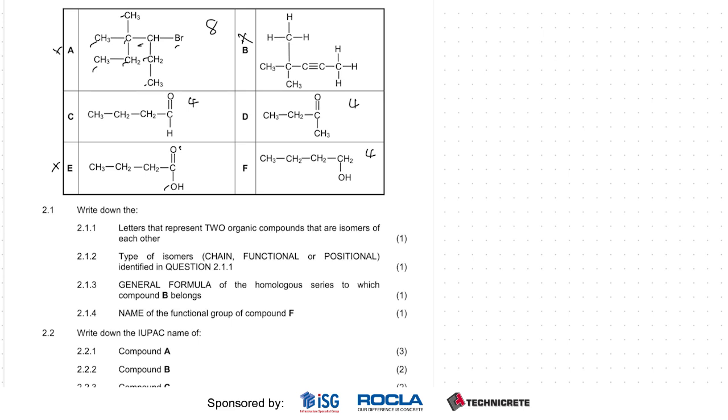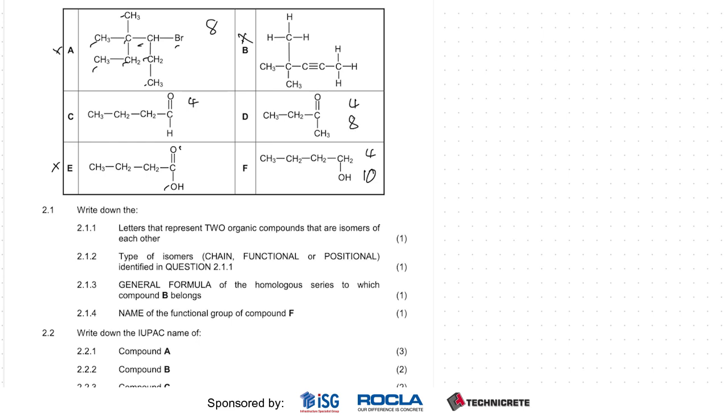Now, let's count the hydrogens maybe to see how many hydrogens each molecule has. So here in molecule F, we have 3, 5, 7, plus 3 again. So we have 10 hydrogens. In D, we have 3, 6, 8. We only have 8. Oh, okay.